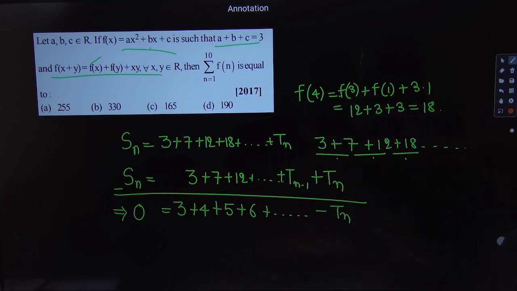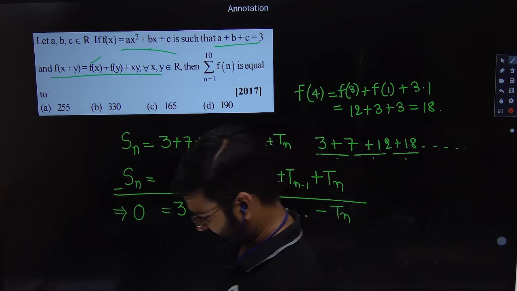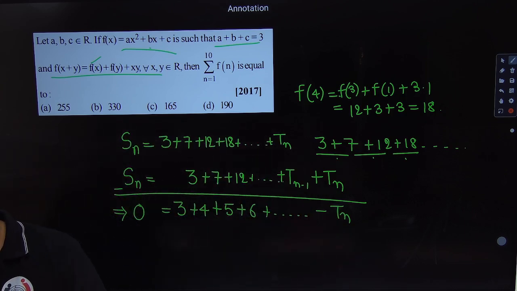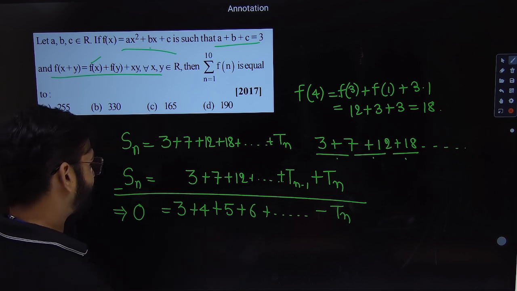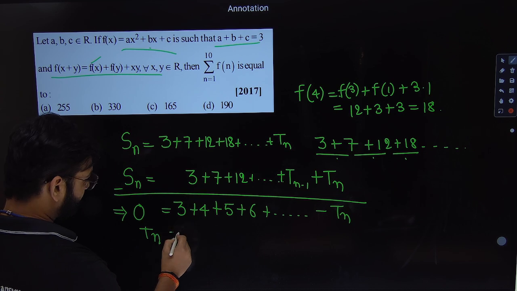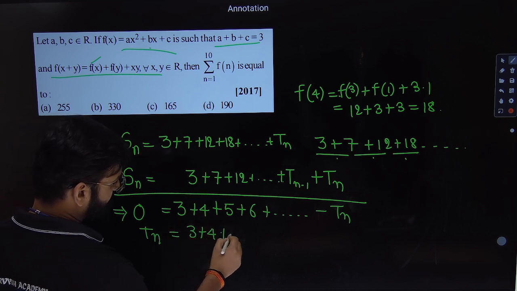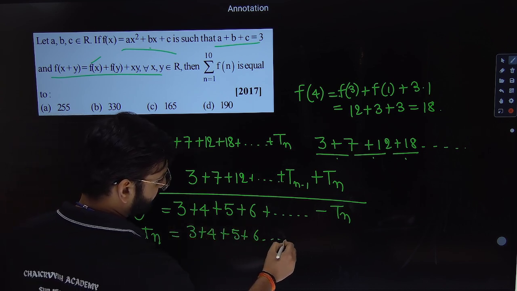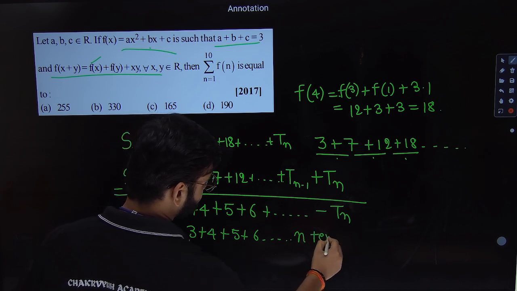Yes, you can say that. So I will shift the Tn on this side. So Tn will be 3 plus 4 plus 5 plus 6, till how many terms? N terms.